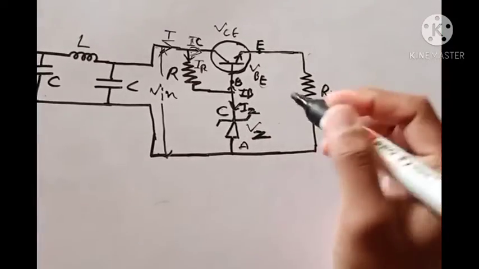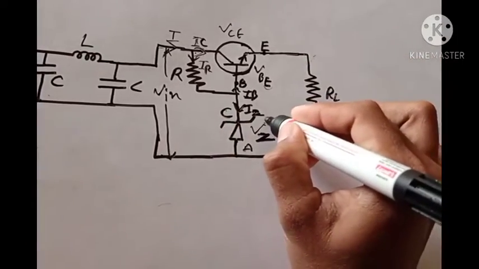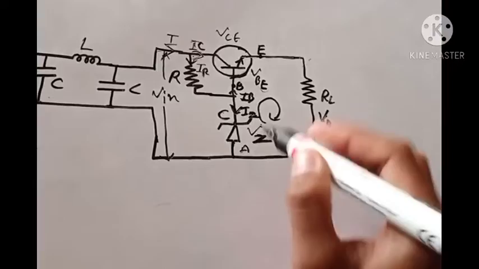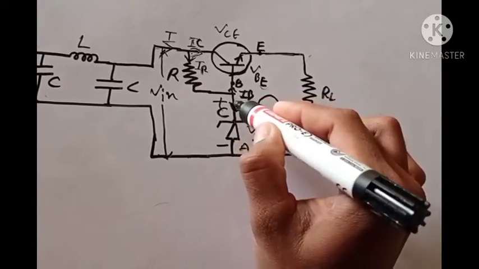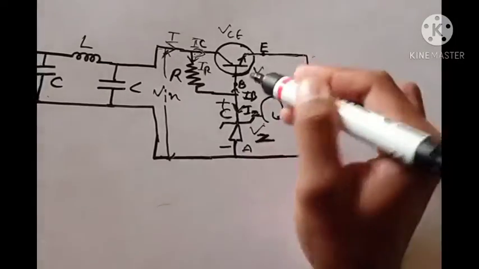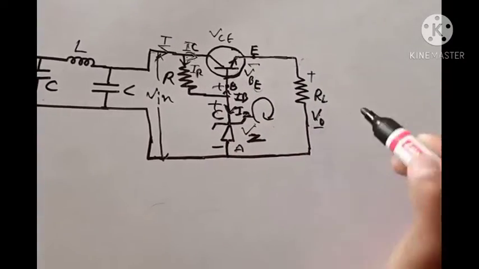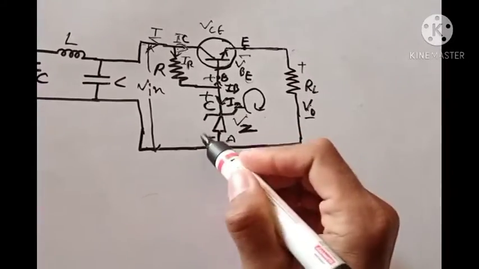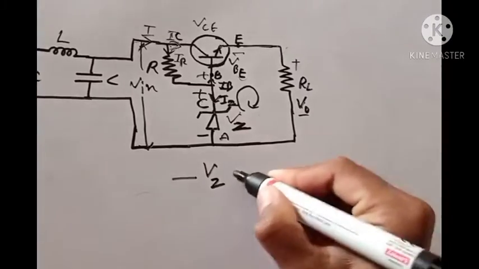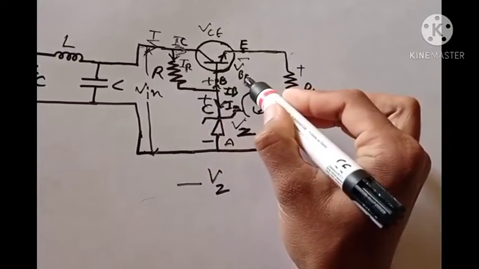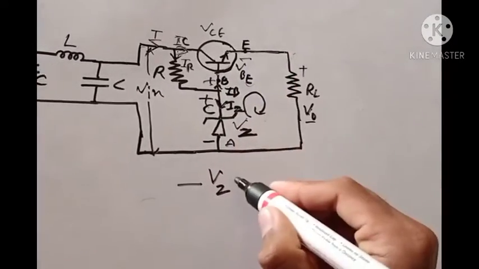Now let us apply KVL to the circuit. Apply KVL in this loop. Here it is negative, here positive, due to the current entering the positive terminal and leaving the negative terminal.